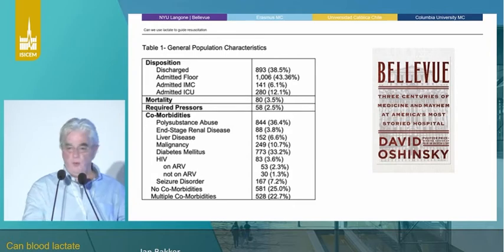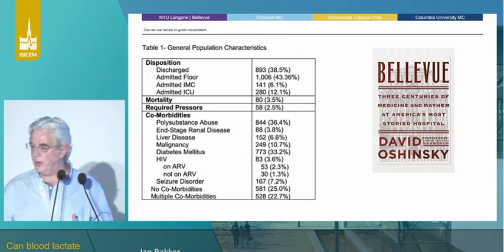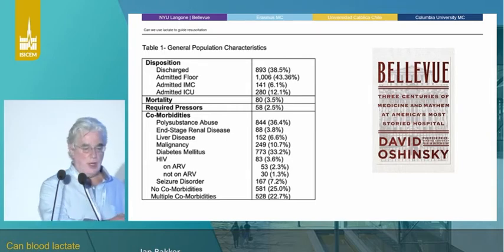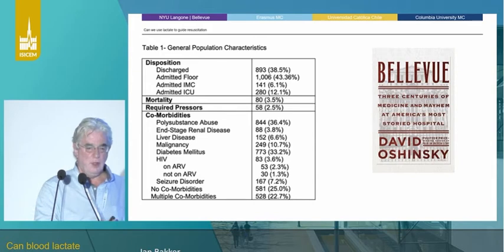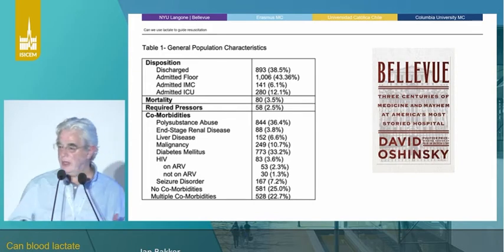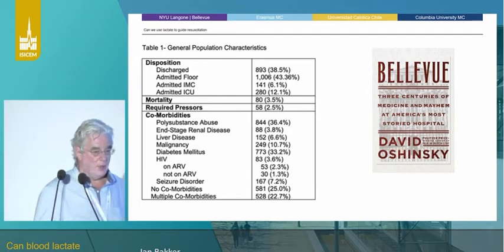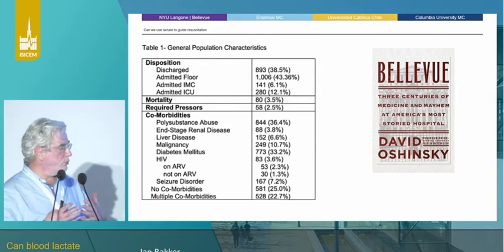And Bellevue, when compared to NYU, where I have my clinical practice now, has about 5% of the patients having insurance, whereas NYU has about 95% of the patients having insurance. And in Bellevue, you see people that live on the street.